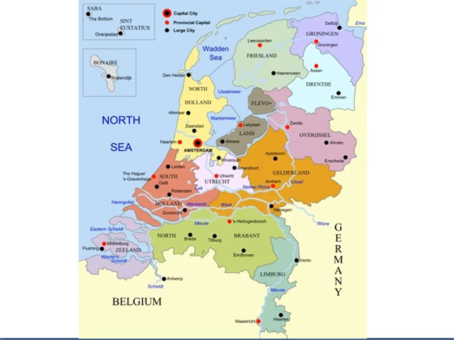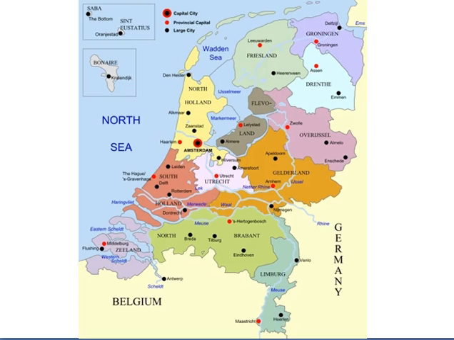It's going to be responsible for military defense. They were freely chosen in theory by the assembly, but often in practice, the House of Orange, which was a noble presence in the Netherlands, usually will hold the office of the stadholder in several of the provinces.